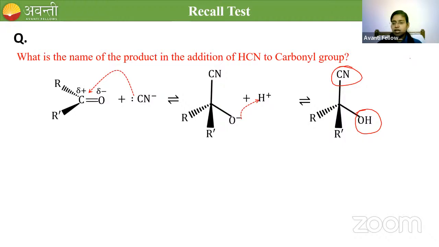What is the name of the final compound? I hope you guys are taking the notes of the class which we are taking, right? Try to find out the name of the final compound. The compound which has CN and OH group is called as. What is the answer?